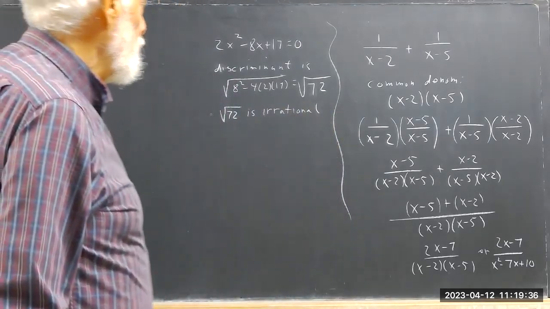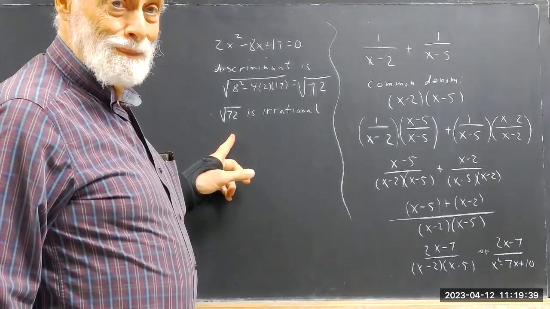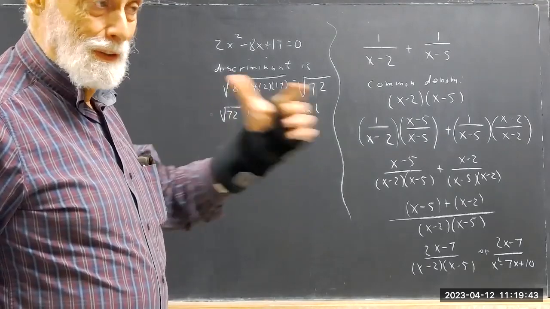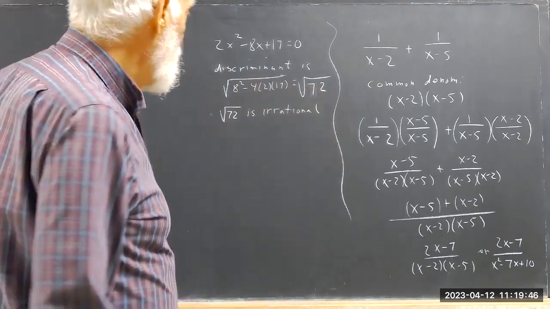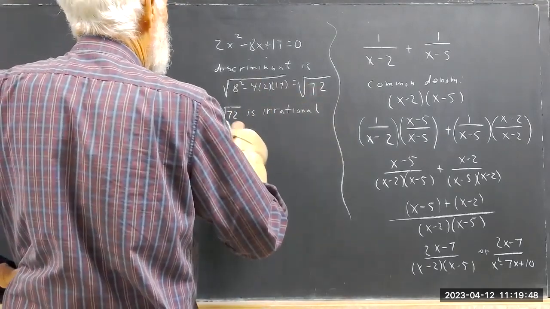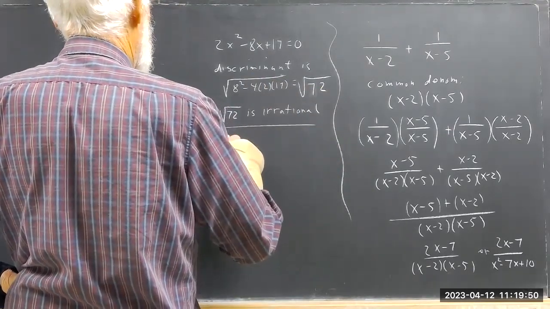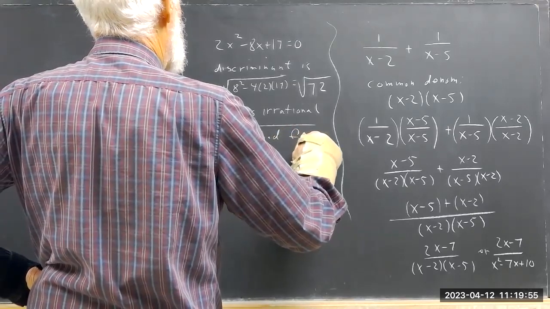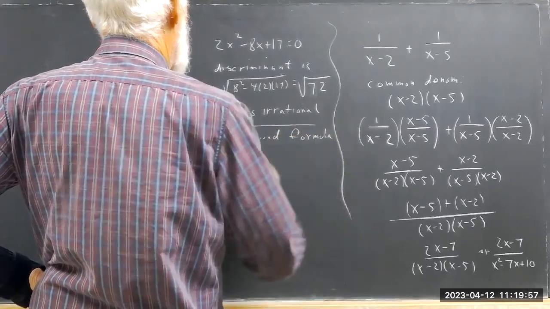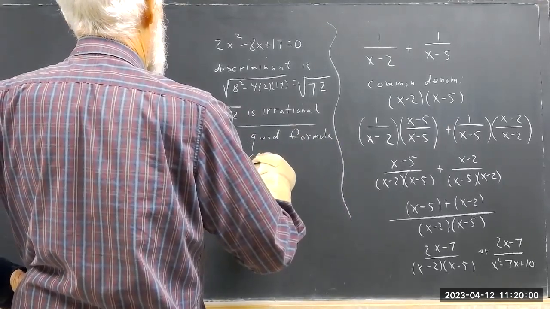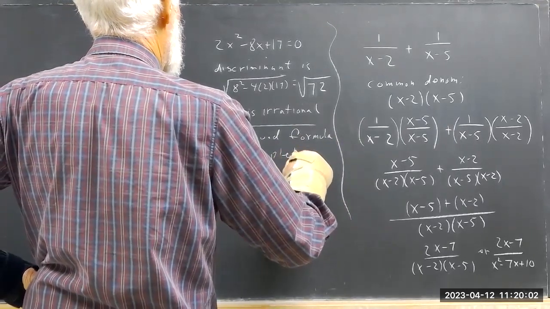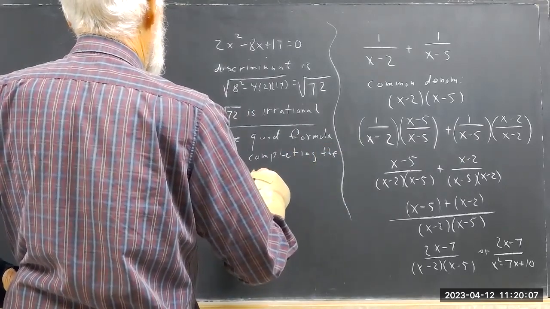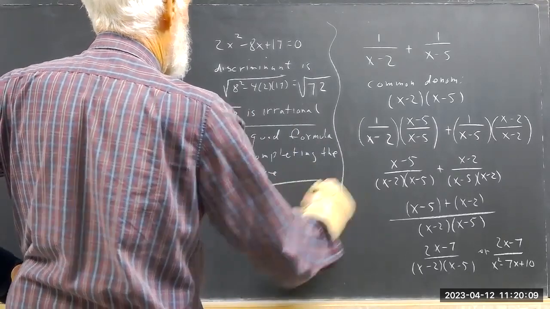The square root of 72 is irrational. It's not an integer, and it's not a simple fraction. It's not a rational number. Okay, it's irrational. So we use the quadratic formula, or completing the square.